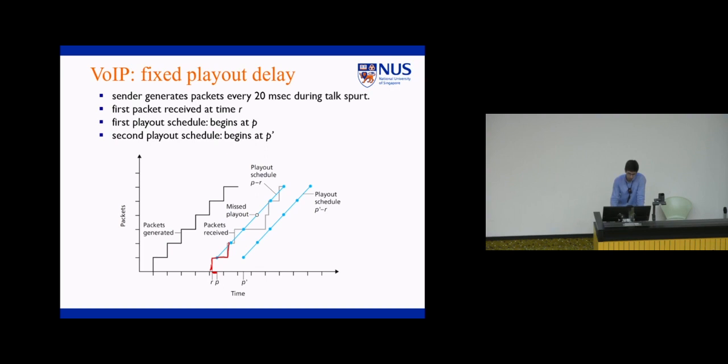Yes, you have good experience. But from time to time, if the delay increases, like here, you will miss some of the sound chunks, so they will not be able to be played. But if you push your playout schedule into the second plot and introduce a playout time of P prime minus R, then you can play all the chunks.